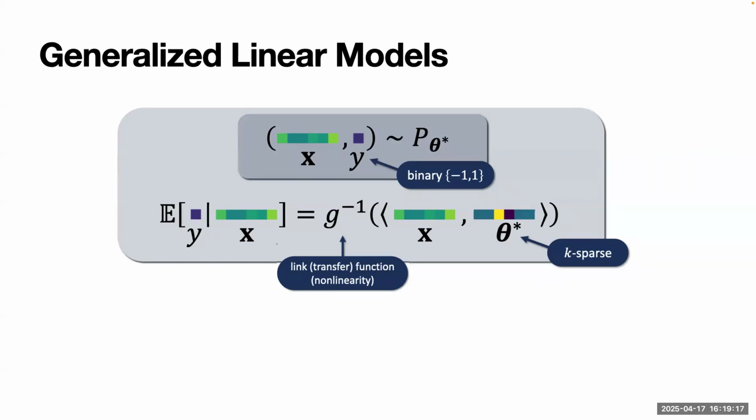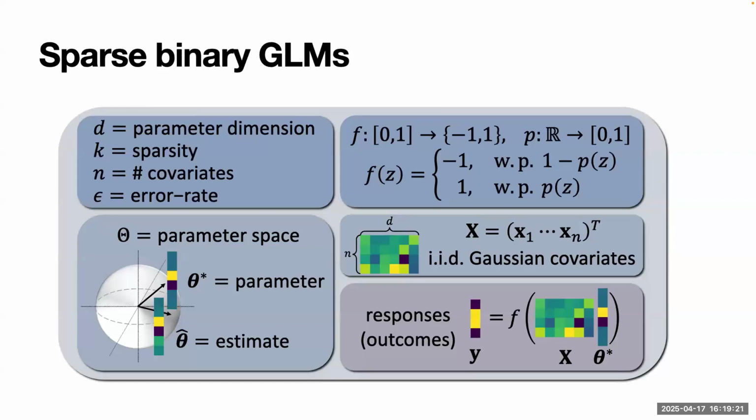Now Aryan asked what kind of sparse binary GLMs we want. I'm going to go there, but let me do a brief recap of what we have said so far. These are the variables that we are going to use.